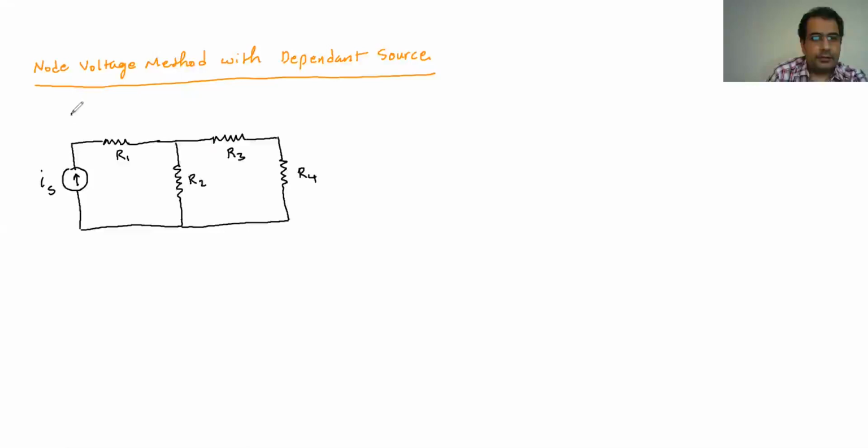And then at the very top, we're going to have a dependent current source. It's going to be 2Ix, if this is going to be the Ix.